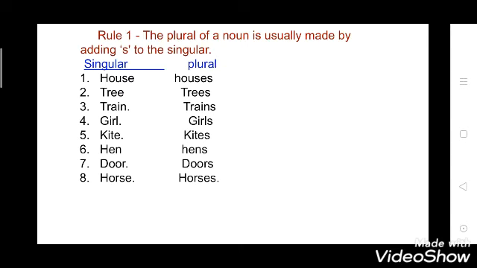Girl, girls. Kite, kites. Hen, hens. Door, doors. Horse, horses. So here only s is added. So rule number 1 says that in order to change to plural form, you have to add s in the singular word. Now moving to the second rule.